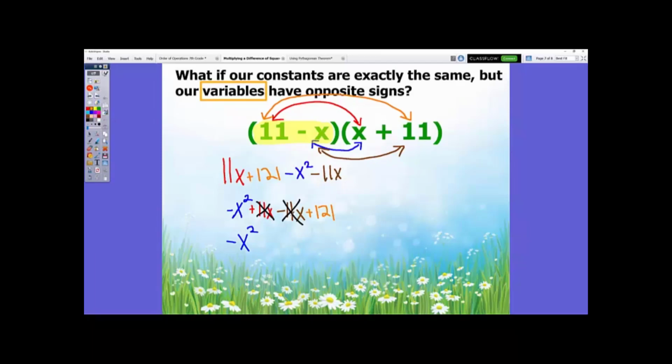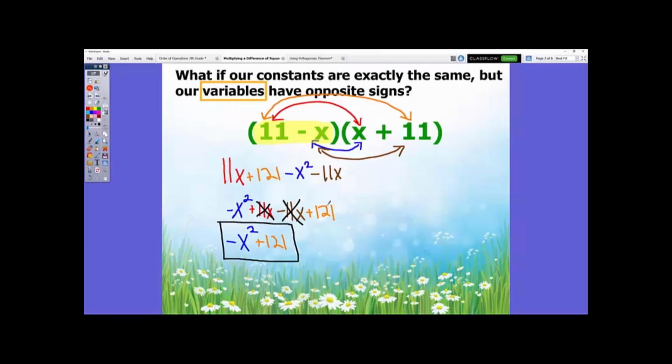And we end up with a constant of 121. And there we go. So if the constants are the same and your variables have opposite signs, the exact same thing happens. The terms to the power of 1 cancel each other out.